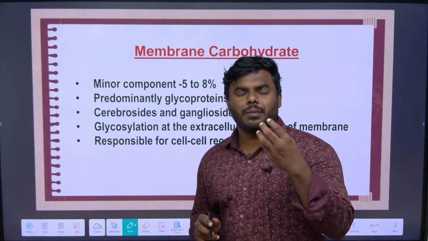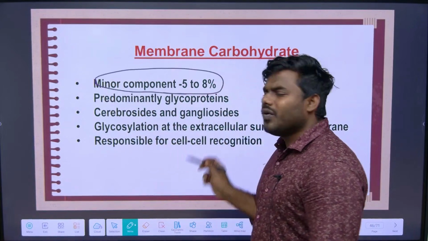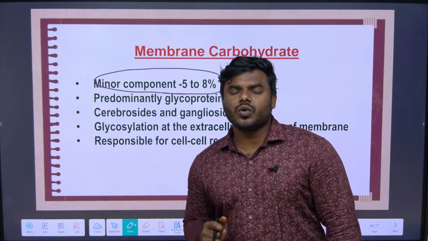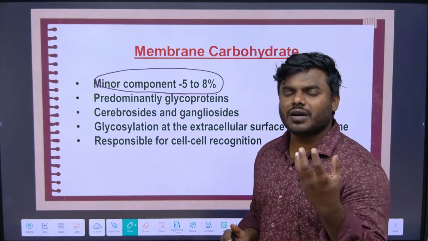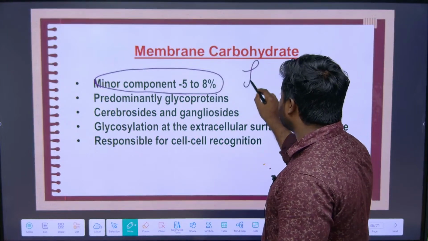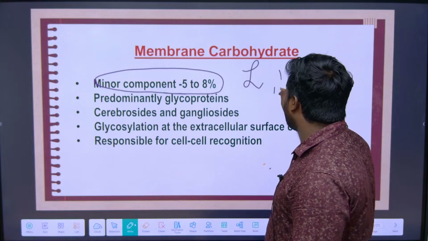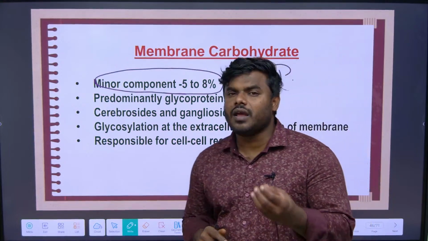Compared to the proteins and lipids, carbohydrates are present only in a very low percentage. What I told all of you: whatever carbohydrates are present on the plasma membrane, they are associated with lipids also, and carbohydrates are also associated with the proteins.